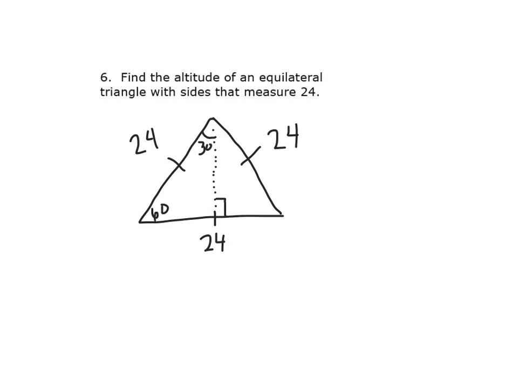This is 60. So we're looking at a special right triangle of 30, 60, 90. So I'm going to go ahead and draw the formula off to the side.